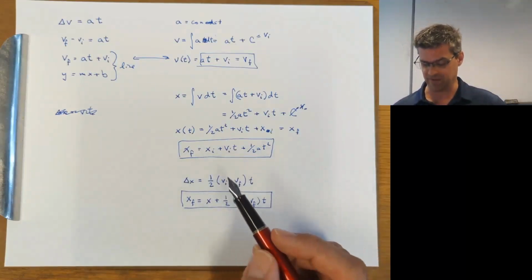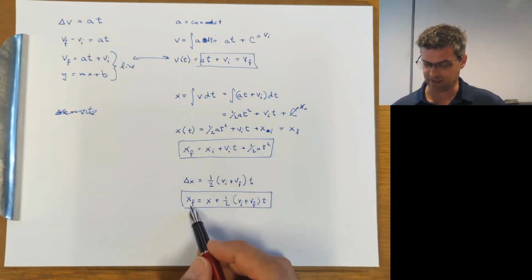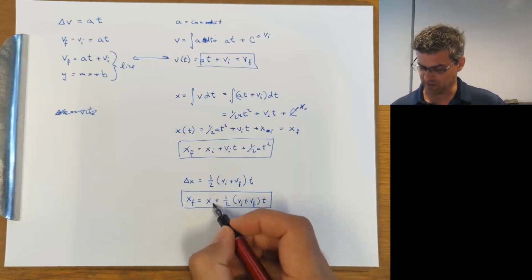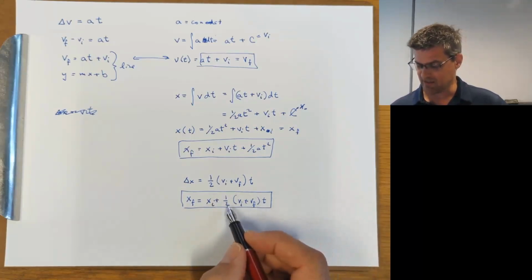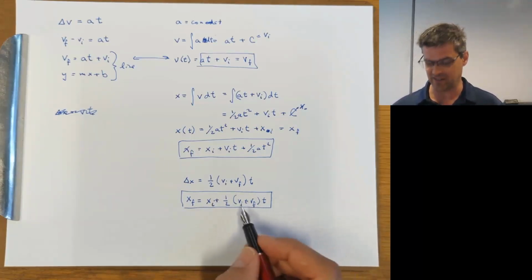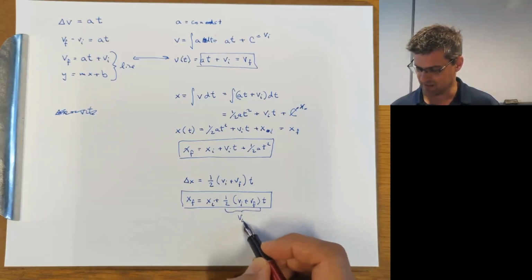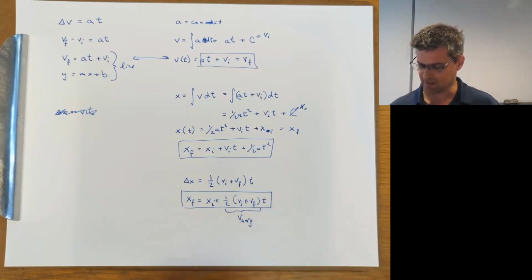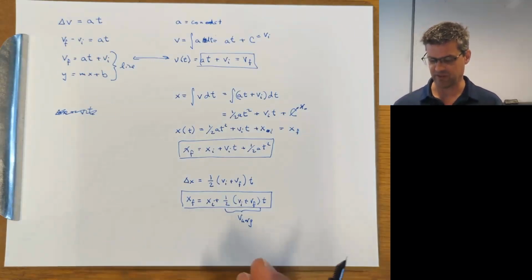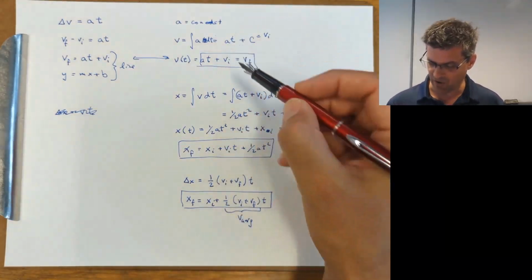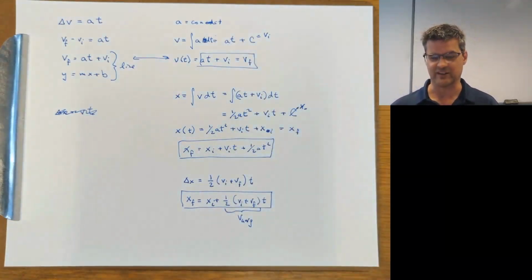That's all totally fine. Another way to find x final is knowing our initial x and doing this calculation. Average velocity times time. Totally fine. And these are all true as long as we've got constant acceleration.